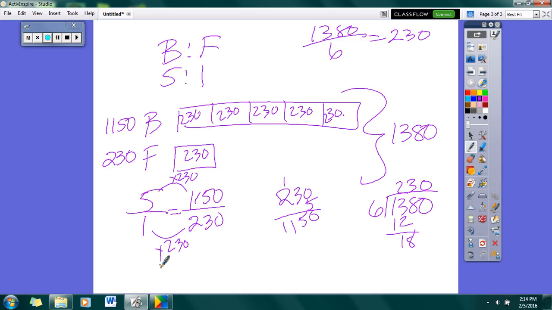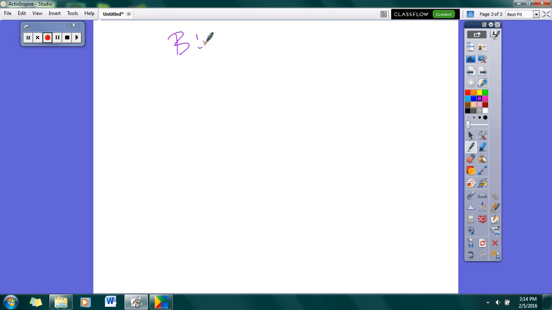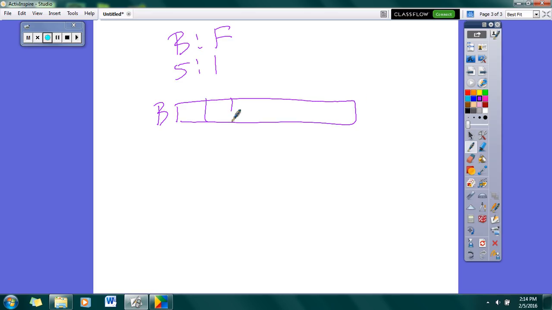Suppose the number of baseball cards is 950. Again, my ratio is 5 to 1. So let me redraw my tape diagram. And it says I have 950 baseball cards. So only this line of baseball is worth 950. So I have, sorry, I got a little box crazy. I have 1, 2, 3, 4, 5.